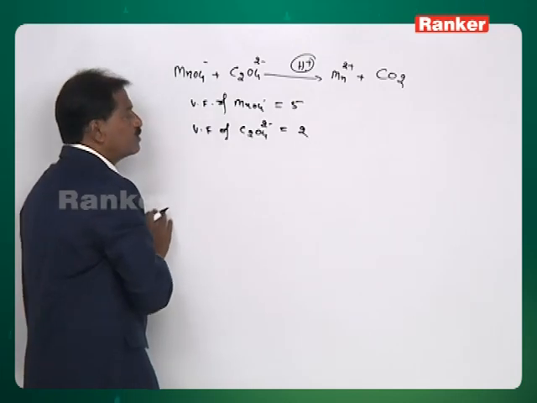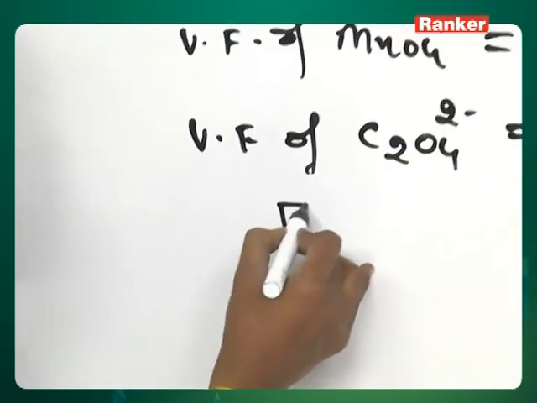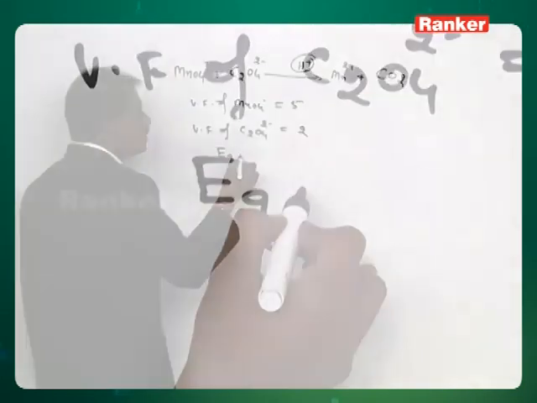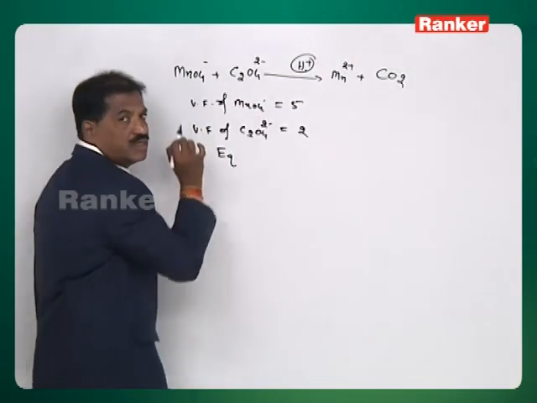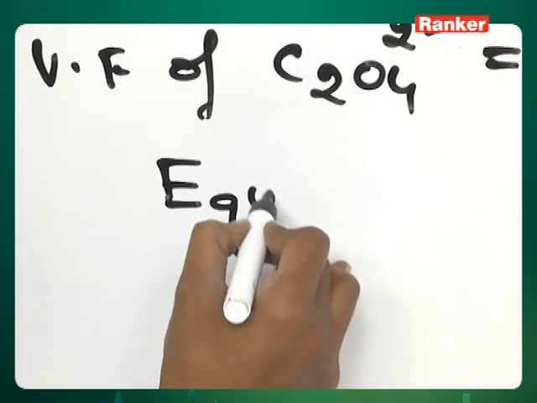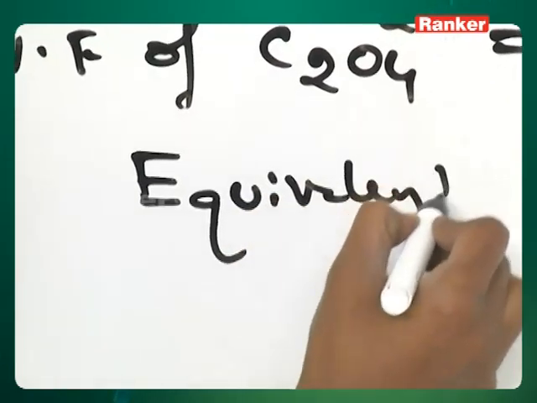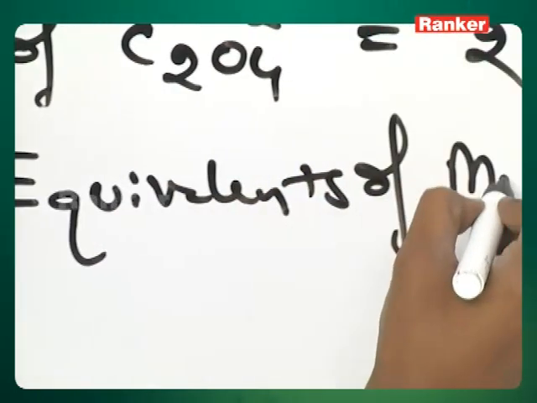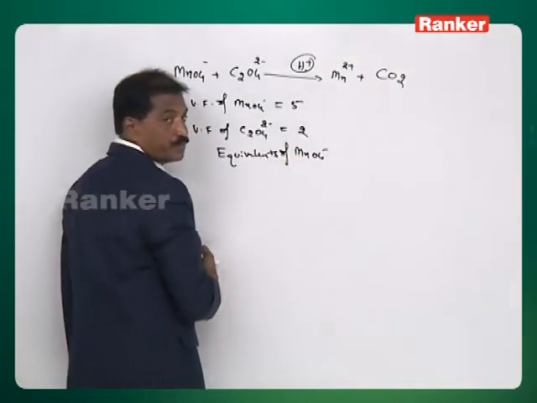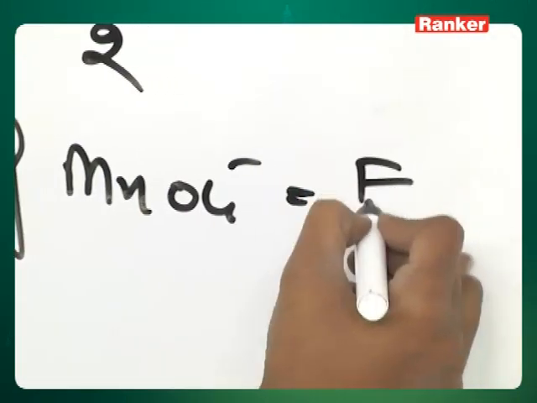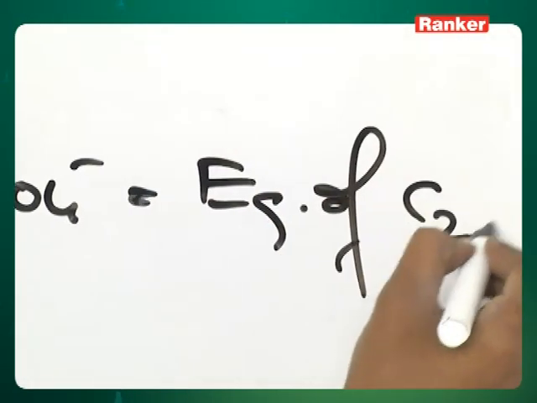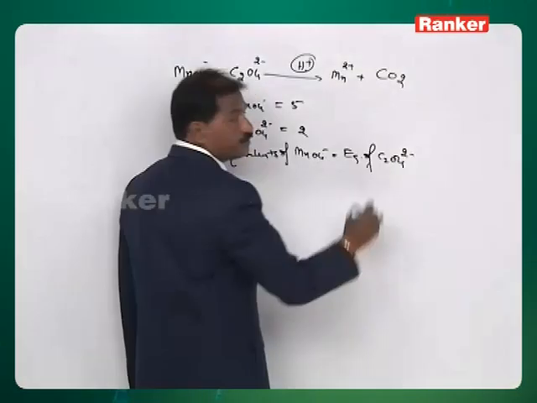If you remember the valence factor of certain well-known species, we can easily proceed to simplify the numericals. Next, in every redox reaction, the equivalence of the first reactant is always equal to the equivalence of the second reactant. Therefore, equivalence of MnO4 minus is equal to equivalence of oxalate.